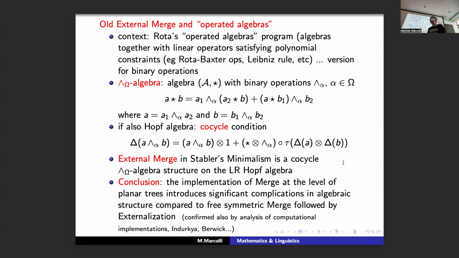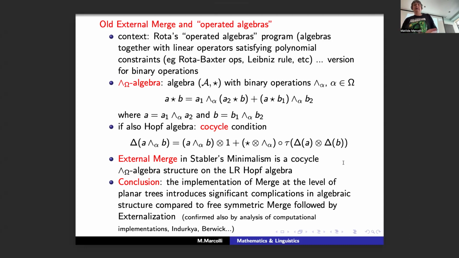So this is an interesting algebraic structure in itself, and it again shows that there are several nice compatibilities between this operation and the Hopf algebra structure, but it's a lot more involved than the way the merge is defined if one takes the Hopf algebra point of view of the binary rooted forests with a coproduct given by the cuts.